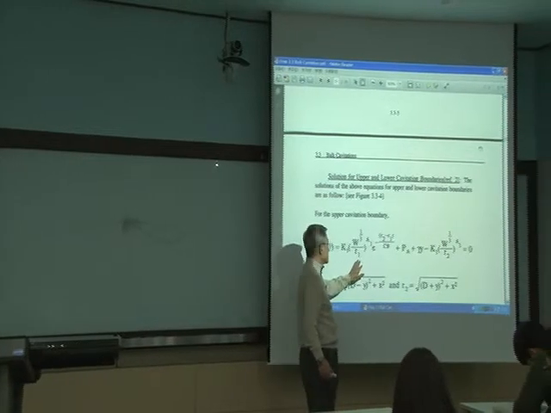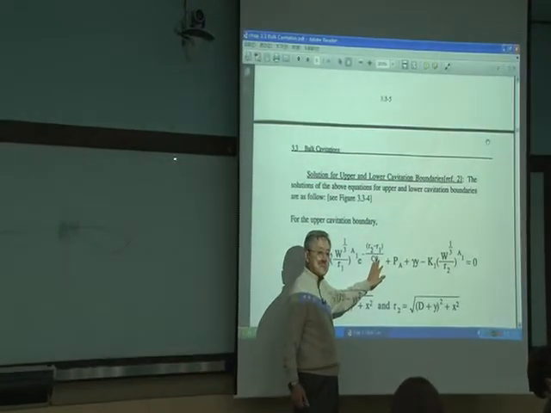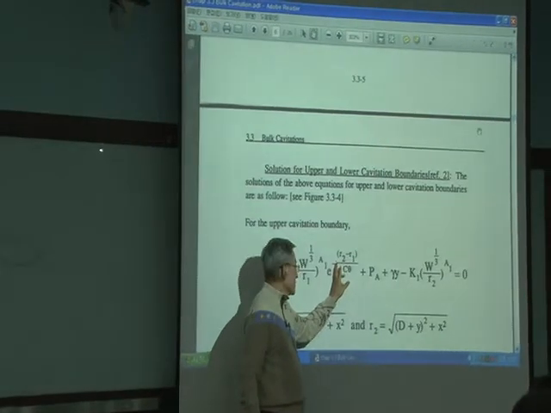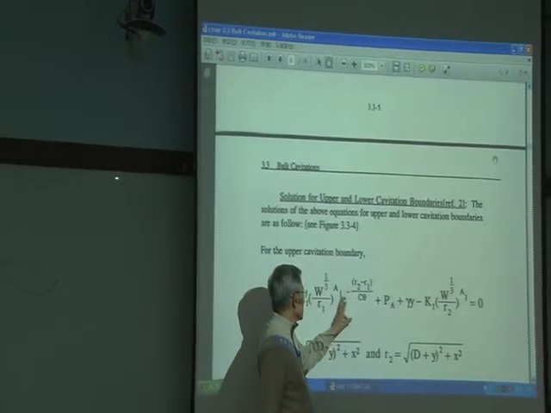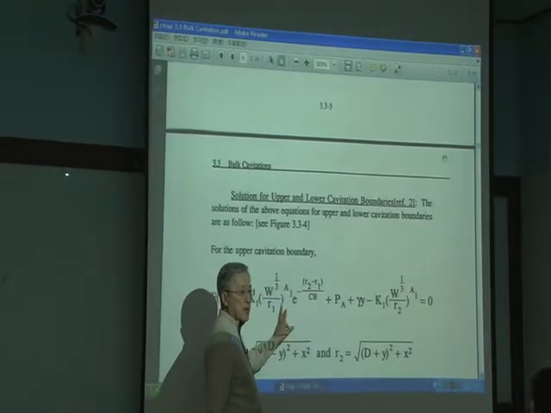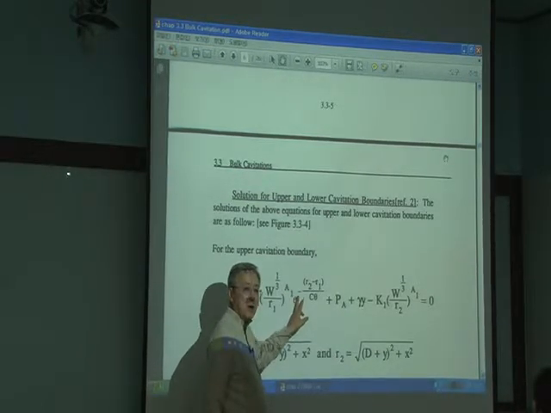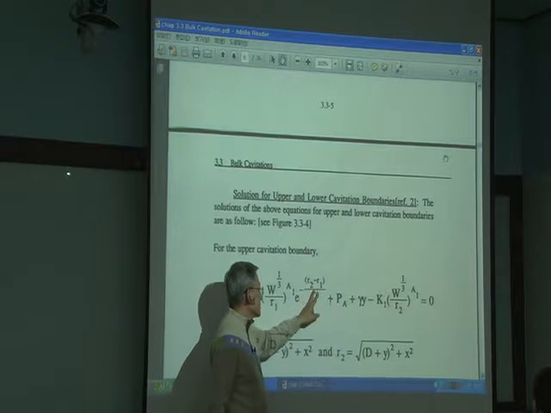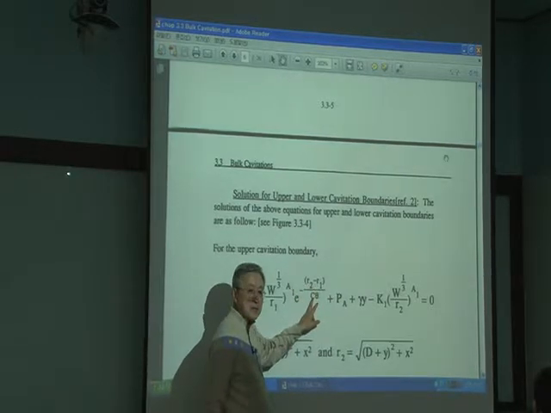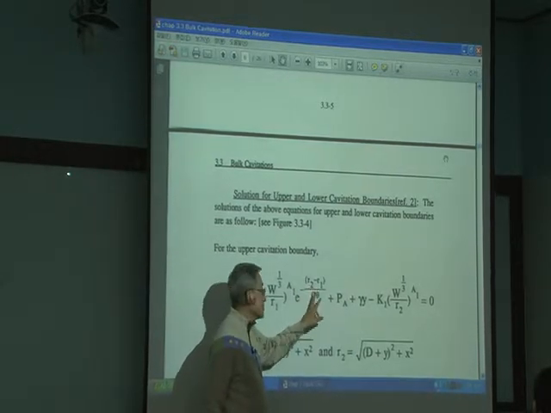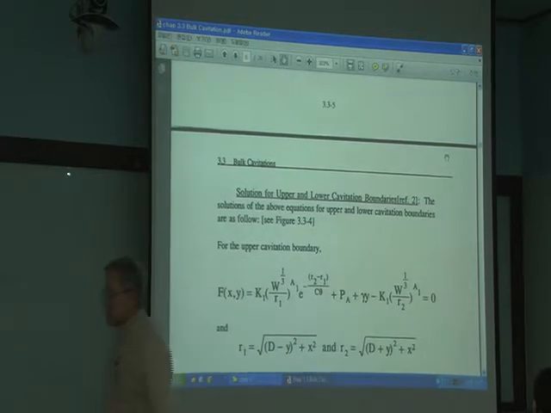The first term is this term. Does it ring a bell? This is e to the, this is P max. This is exponential decay up to the point, distance over c. You see, R2 minus R1.